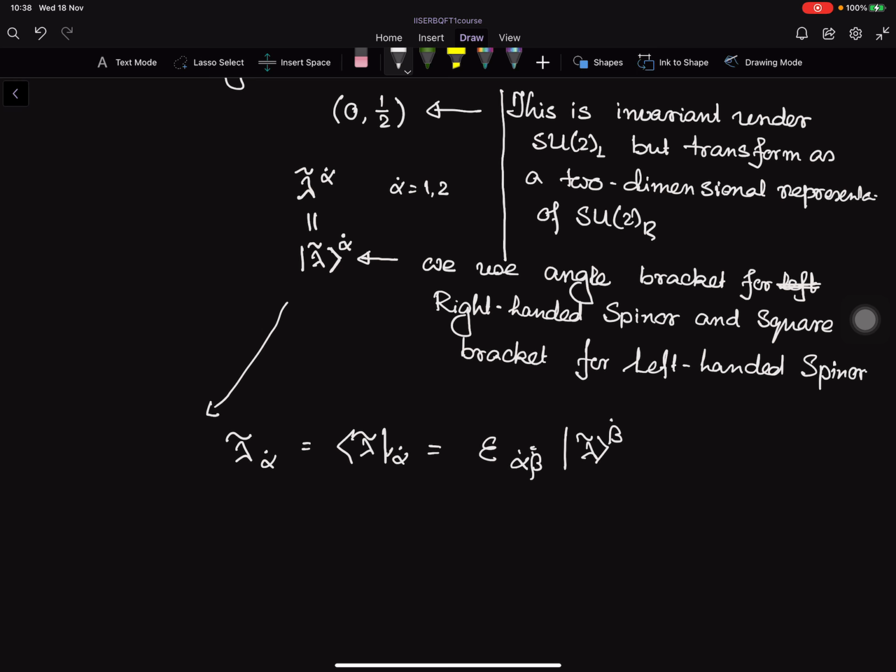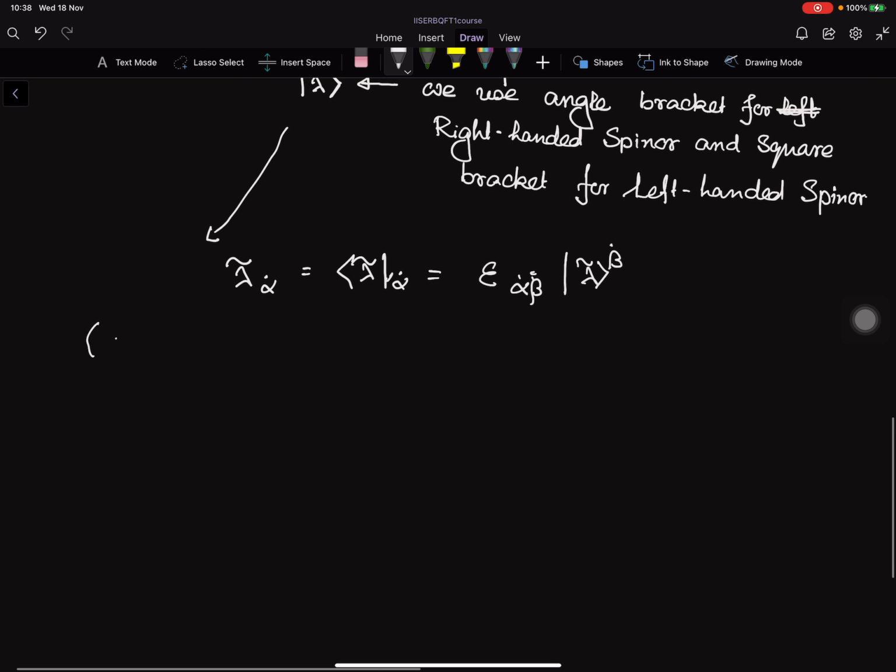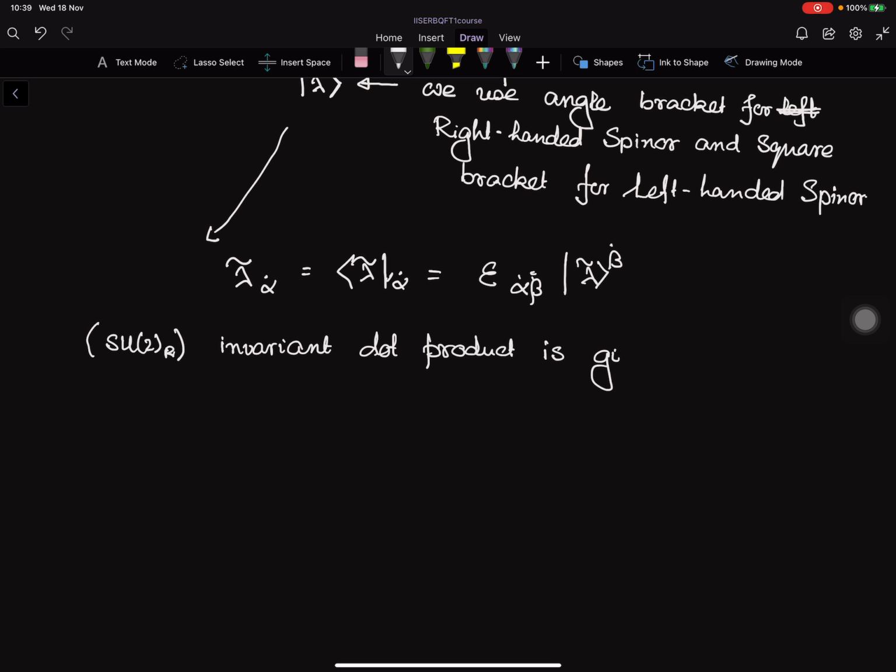And the invariant dot product is lambda 1 alpha dot lambda 2 alpha dot.